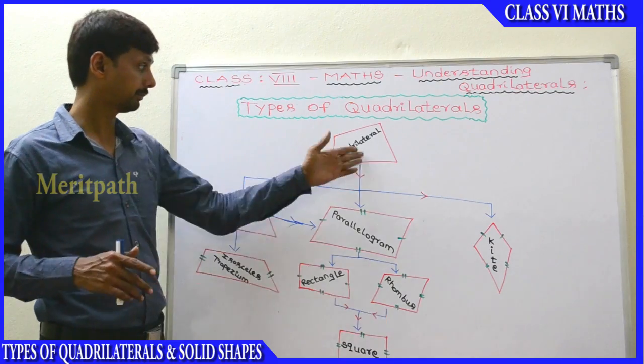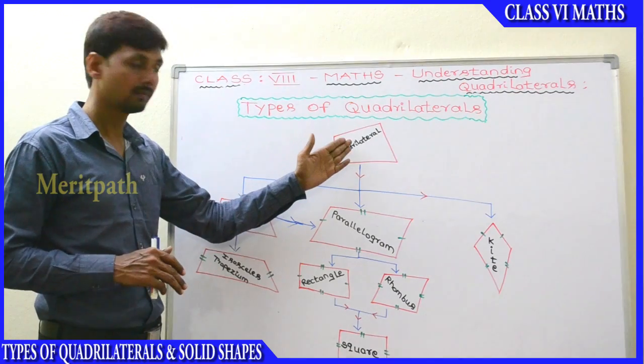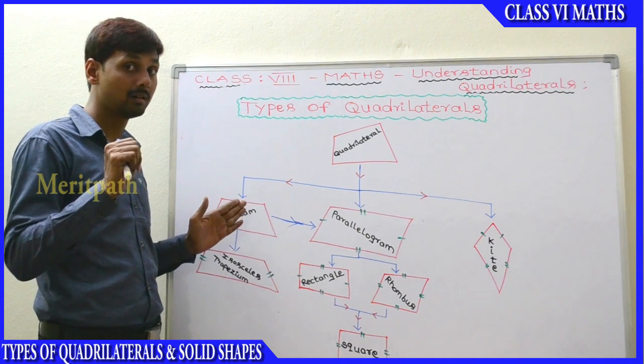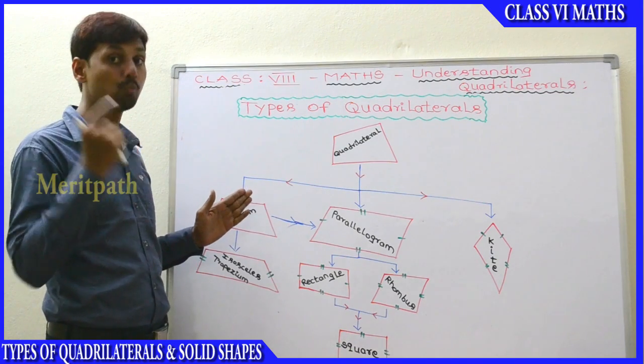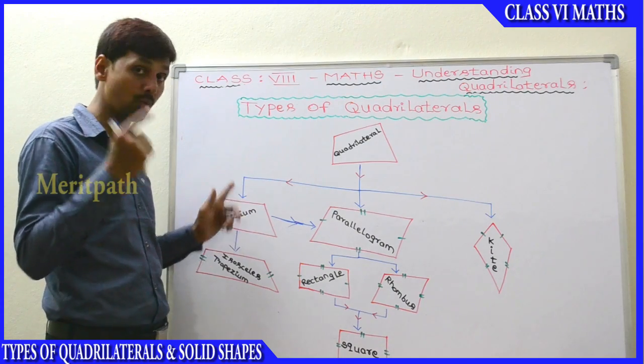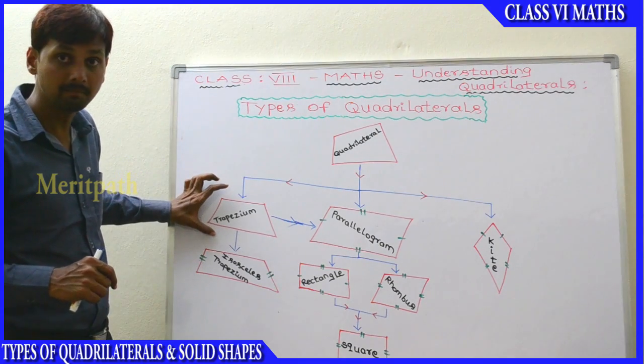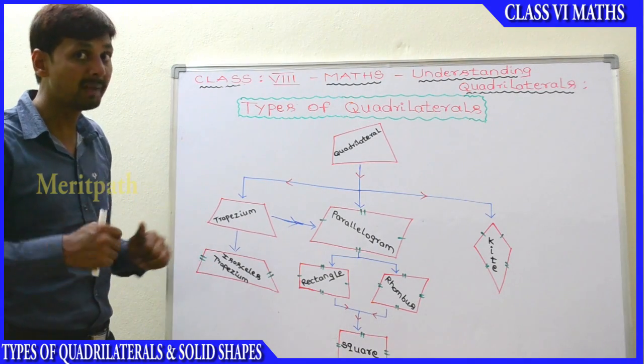Let's recall. A quadrilateral is a four-sided figure. If just one pair of opposite sides are parallel, we call it a trapezium, and the other sides are not parallel.